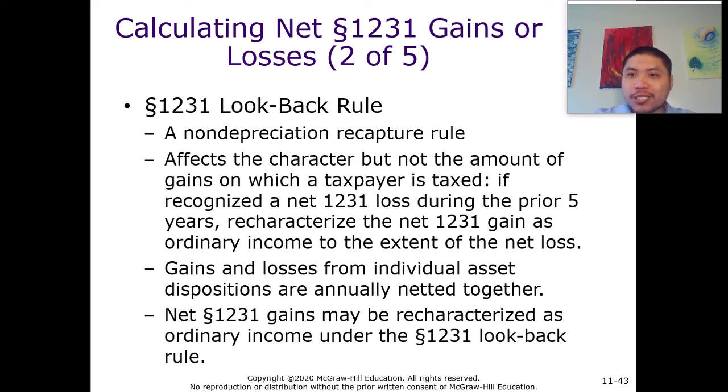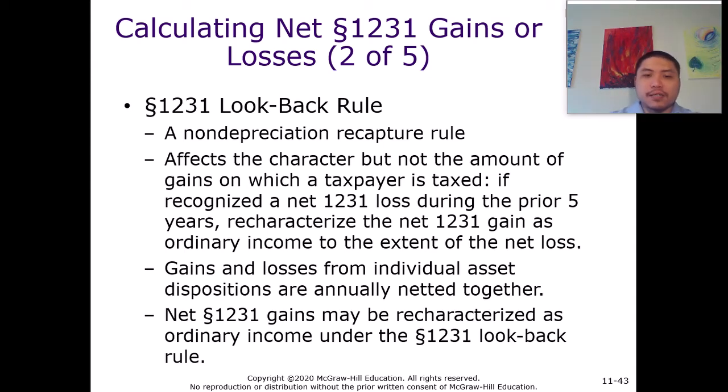Basically, what the Section 1231 look-back rule does is require taxpayers to look back into the past if they have any losses in prior years, and if they have such losses and this year they have a gain, then they have to recharacterize the gain this year into ordinary gain, right?